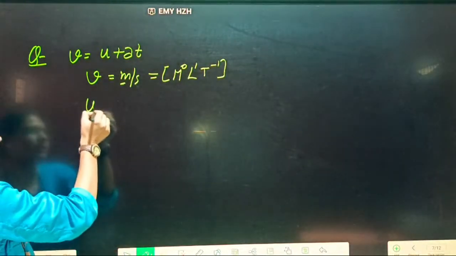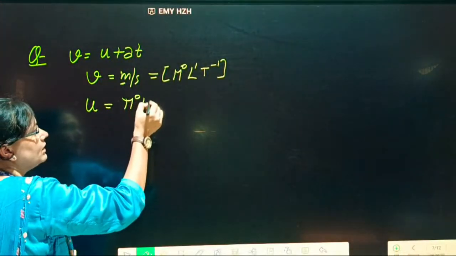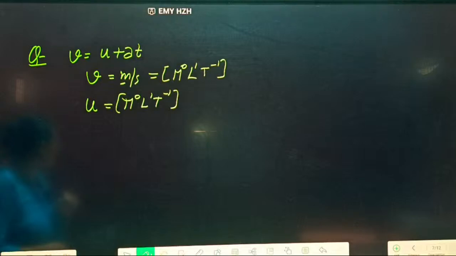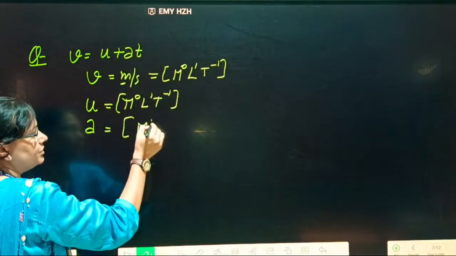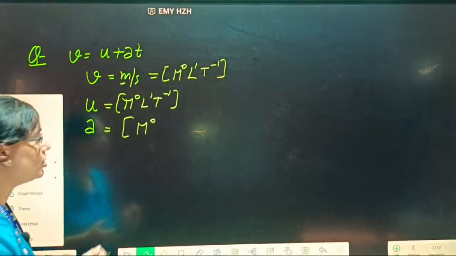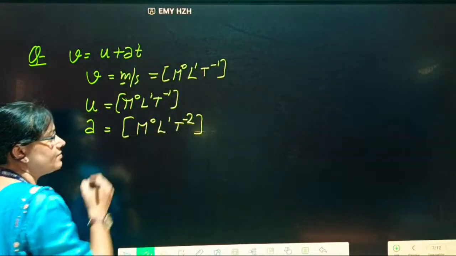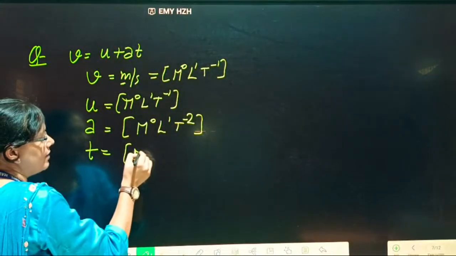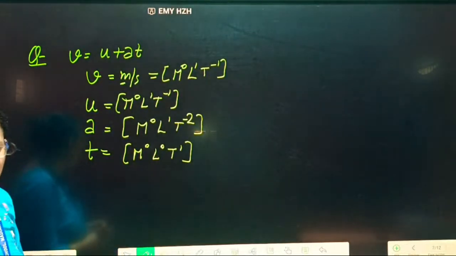Next is your initial velocity. The dimension formula will remain the same as for velocity, beta: M0 L1 T minus 1. Here a is acceleration, t is time. For the acceleration, how can we write it? M0, acceleration. We know the formula of acceleration, meter per second square, so here it will be L1 T minus 2. This will be the acceleration dimension formula. For the time we can write M0 L0 T1, this is our dimension formula for time.